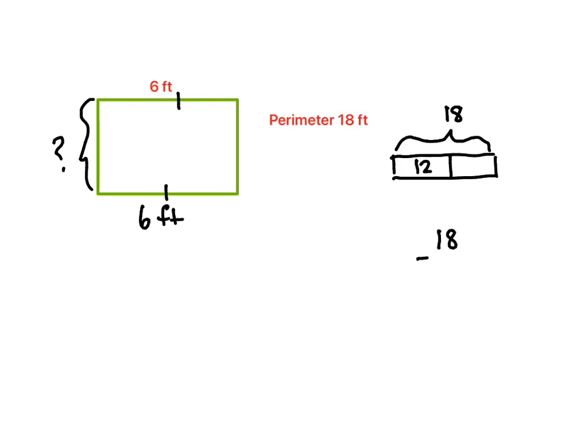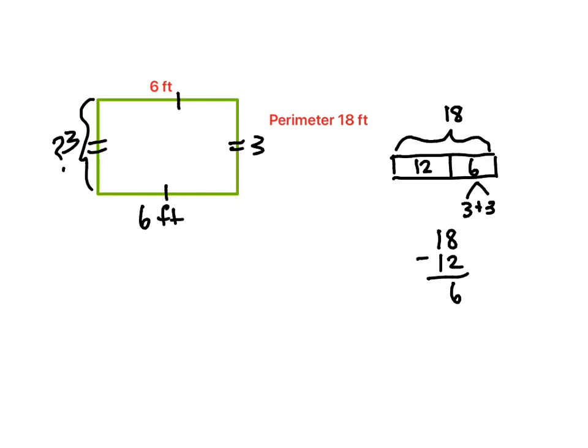To find the missing part, I simply have to subtract, and I would get 6. So I know that missing part is 6, but that would be two side lengths added together. So what two numbers, when added together, give me 6? 3, right? So this side length would be 3, and this side length would be 3.